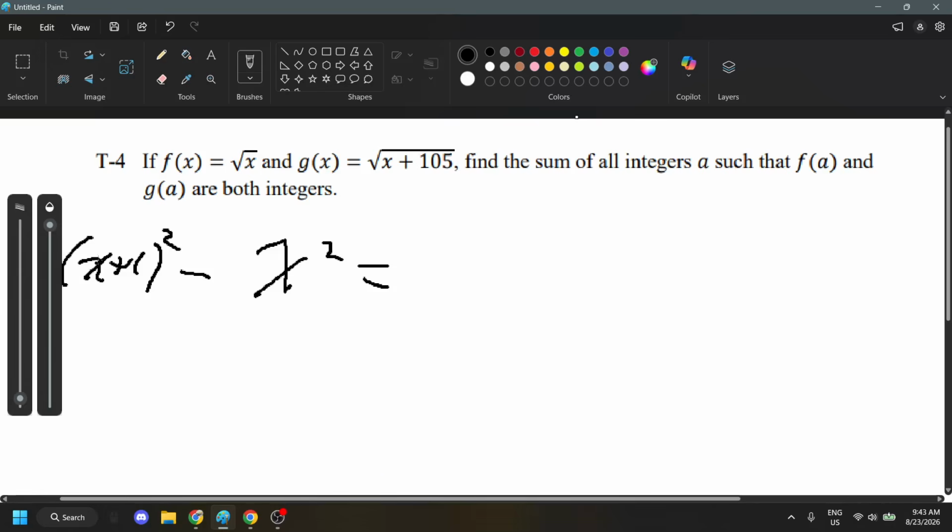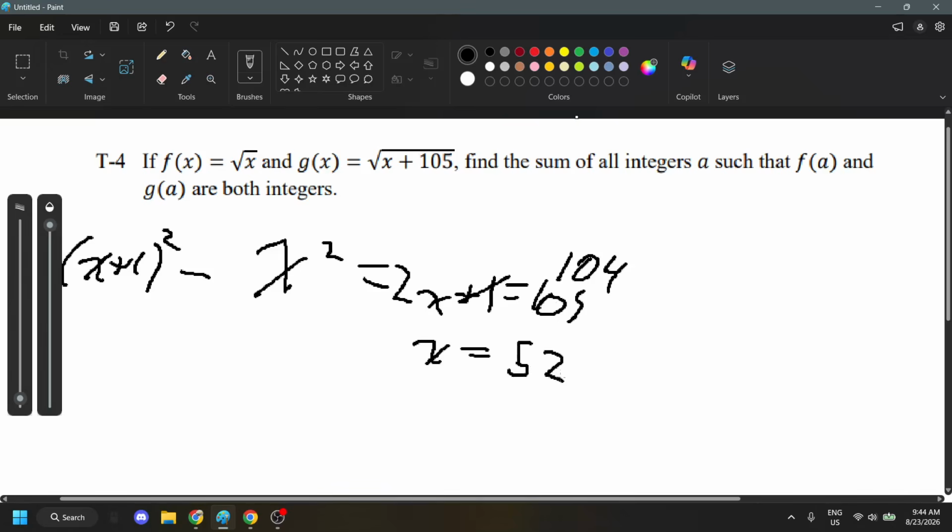This is x squared plus 2x plus 1, and then subtract x squared, it's 2x plus 1. This is linear. So when do we know 2x plus 1 is equal to 105? Because this is the smallest possible difference between two squares. This is when x is equal to, subtract 1 we get 104, is equal to 52.